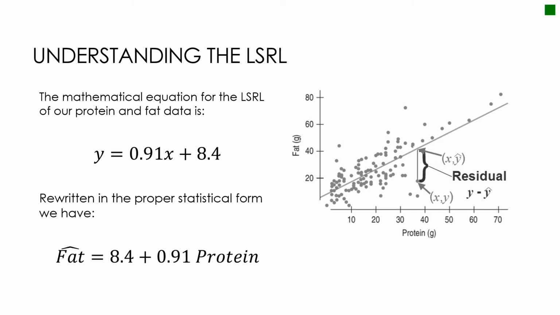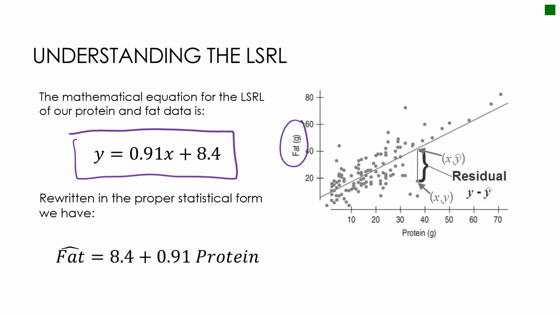So if I took all of this data to Excel and asked it to do the regression equation, my output would look like this. And notice the output is in the typical slope-intercept form. If I asked you, and I will, how to write that in the proper statistical form, what I would do first is say that y is a fat value, so notice here I've replaced y with fat hat, being the predicted fat content.